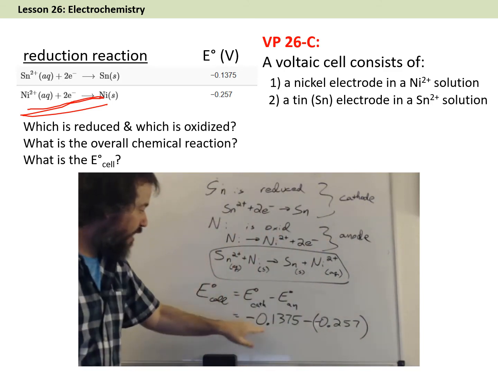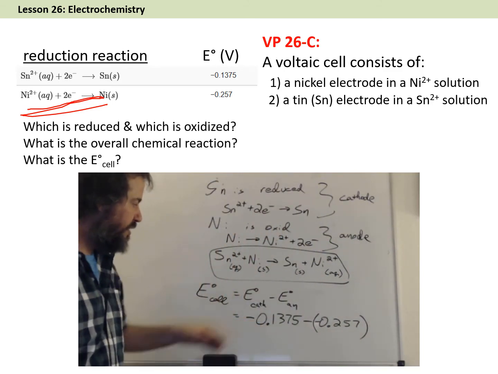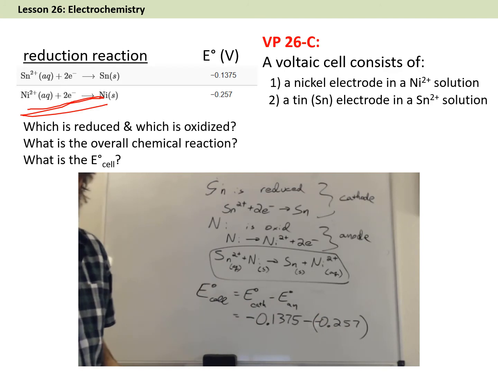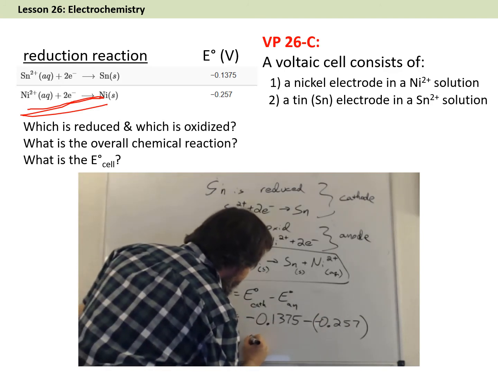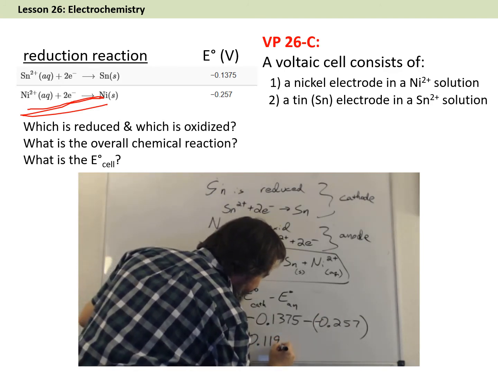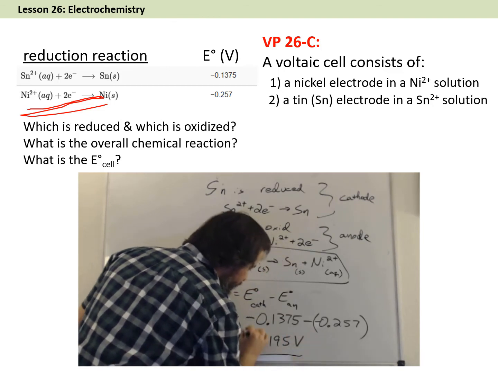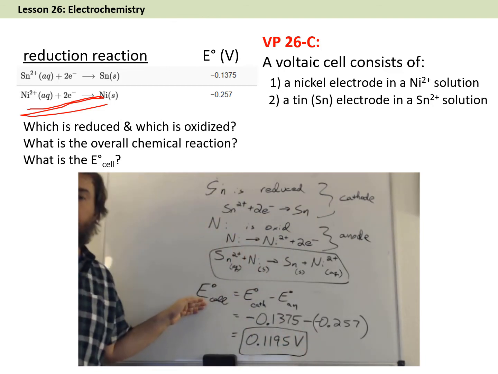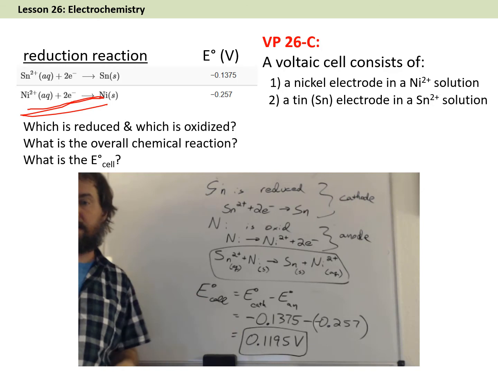So that's going to be negative 0.1375 plus 0.257, which gets me 0.1195 volts. Cell potentials for voltaic cells are always positive.